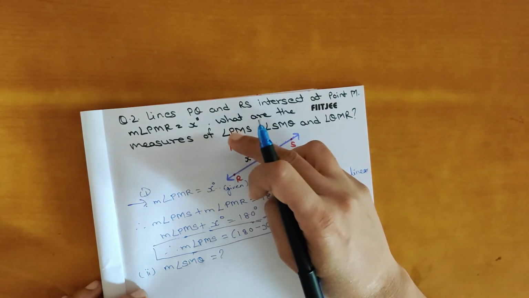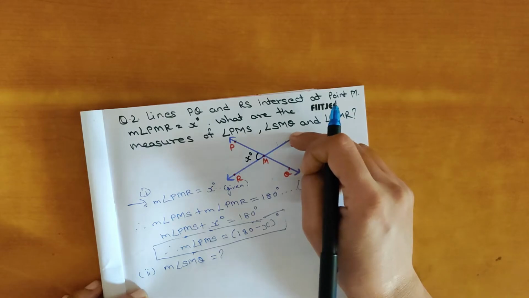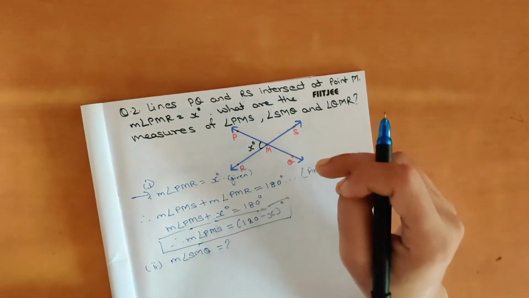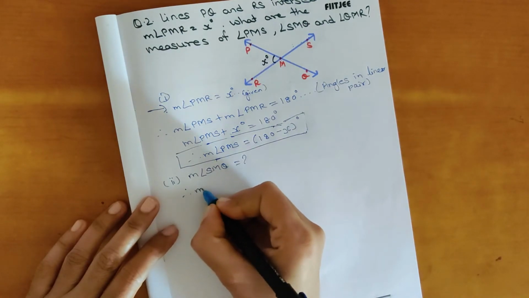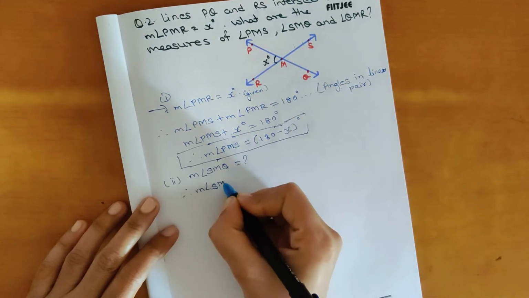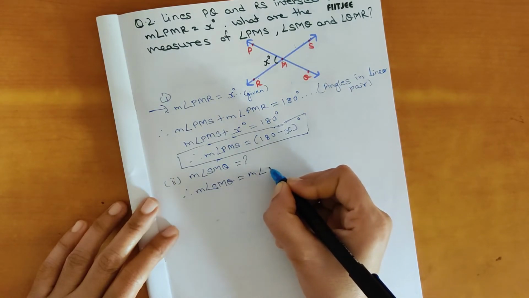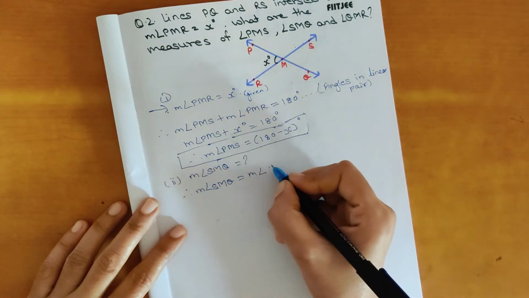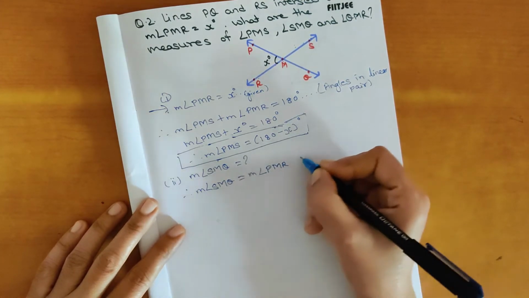So measure of angle PMR will be equal to measure of angle SMQ. Why? Vertically opposite angles. So we can write, therefore, measure of angle SMQ is equal to measure of angle PMR.